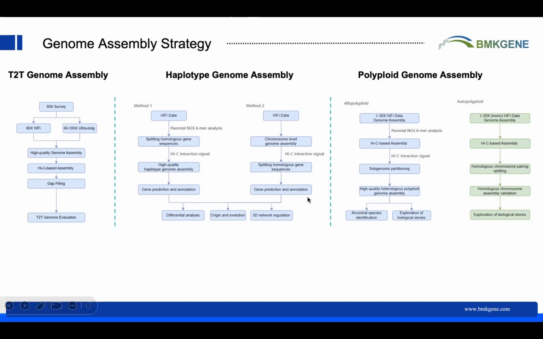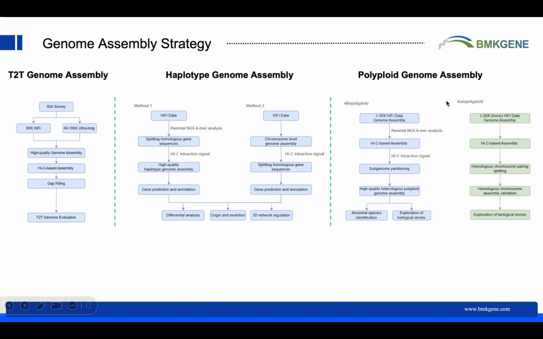But if you have no parental information, then we assemble the chromosome level genome by default. Then we use the Hi-C interaction signals to split the homologous gene sequences and do the haplotype resolved genome assemblies. This is this part.